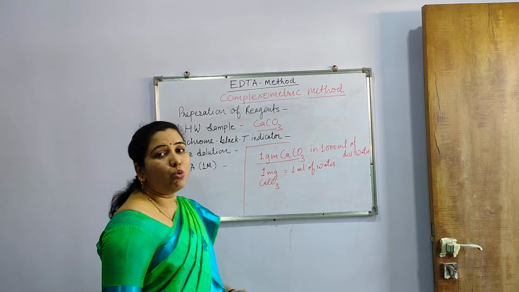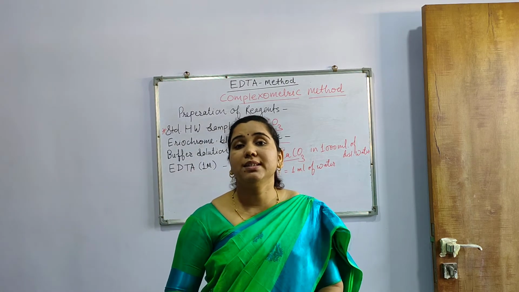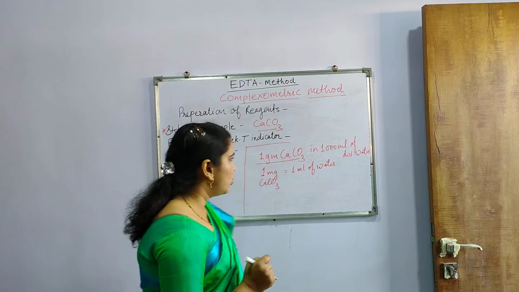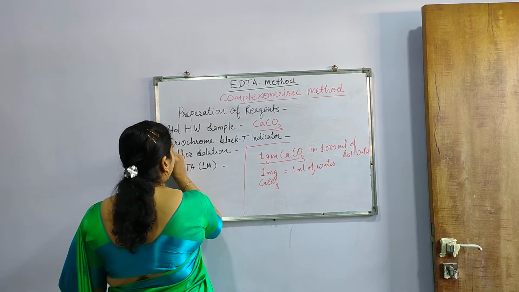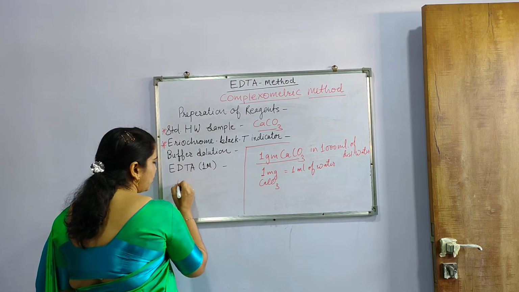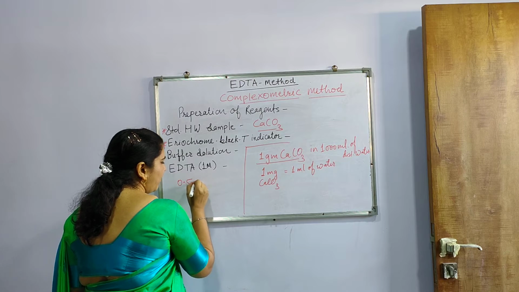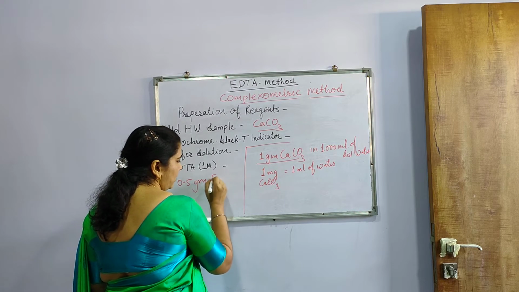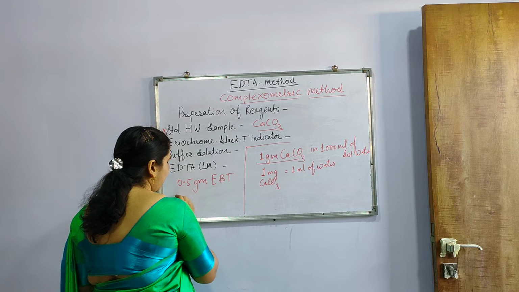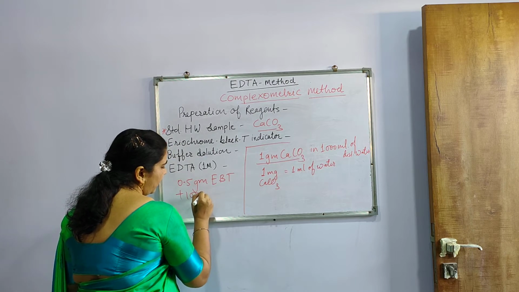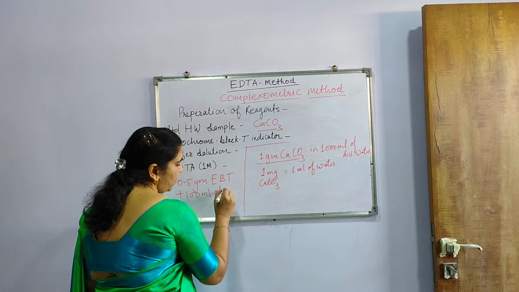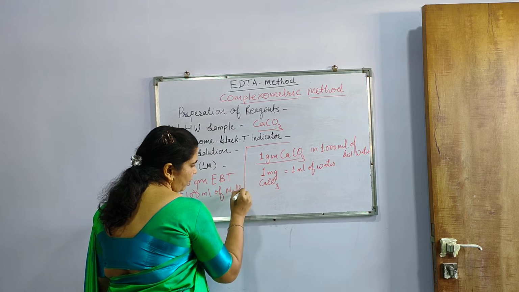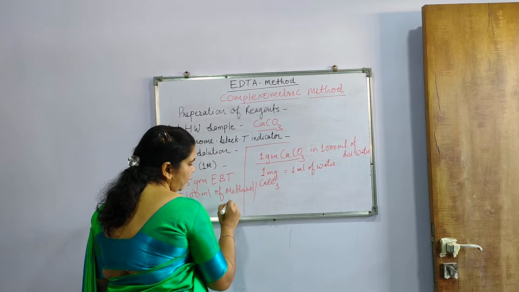Then after that, the Eriochrome Black T indicator. It is a blue colored dye. It is prepared in such a way that you take 0.5 gram of the dye, that is EBT, and add 100 ml of methanol or ethanol.